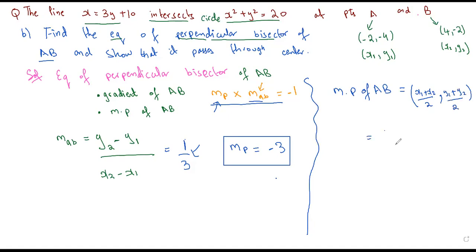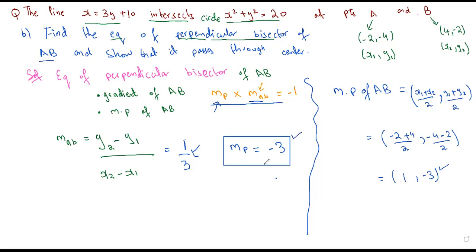So what is x1? -2 plus 4 by 2. And what is y1? -4 minus 2 by 2. So what is the midpoint? 1 and -3, right? Now we have our midpoint, we have our gradient.